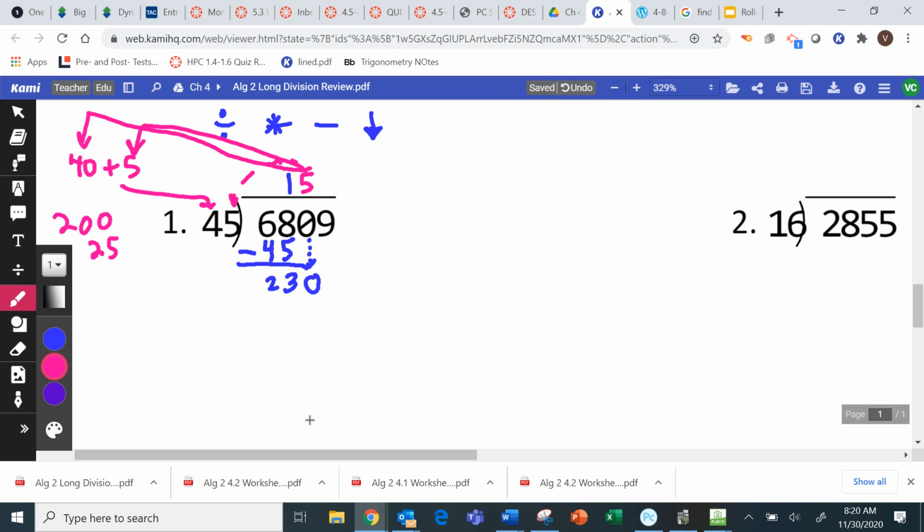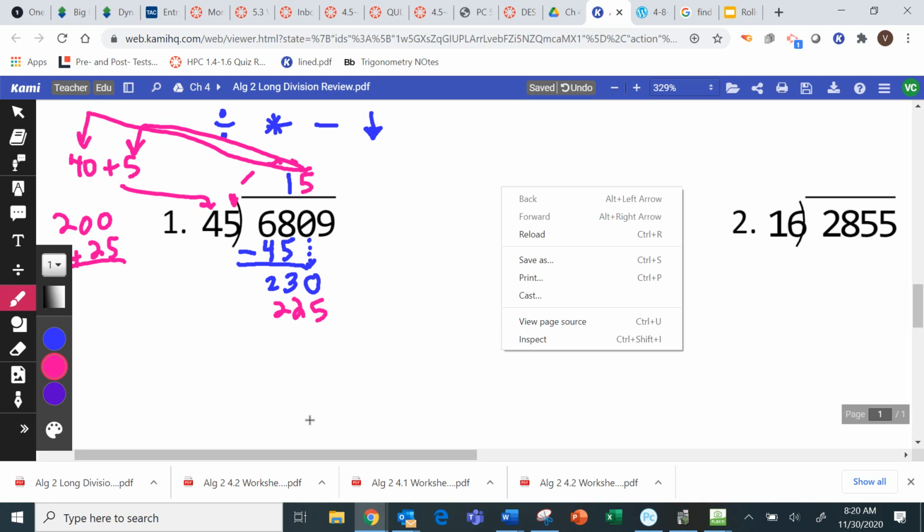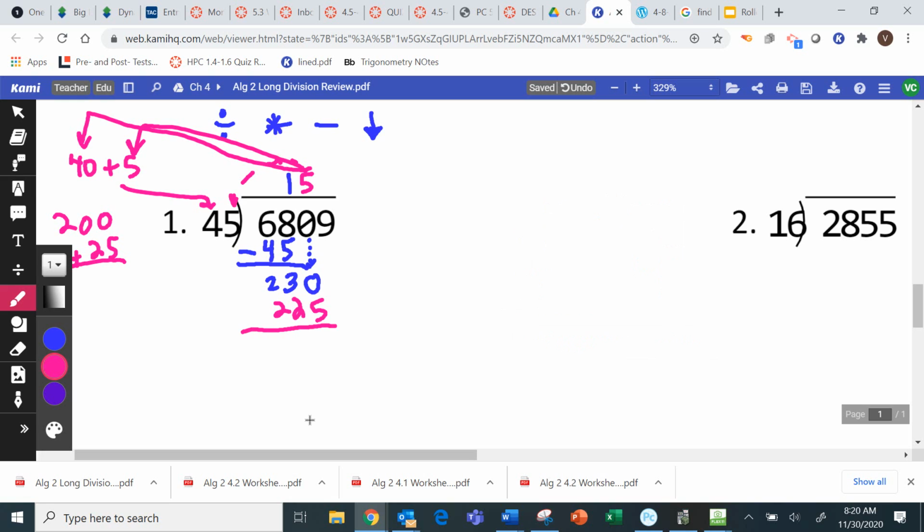I'm going to add those together, and I get 225. Do you see how I distributed that? That's going to be very important today. Make sure that you are actually taking notes and not on other things.